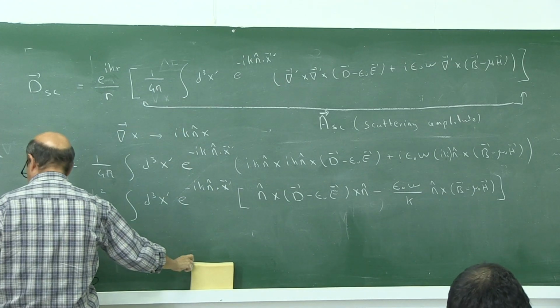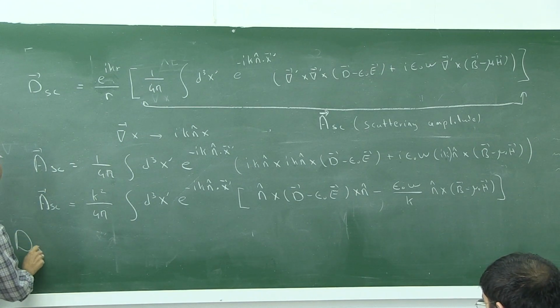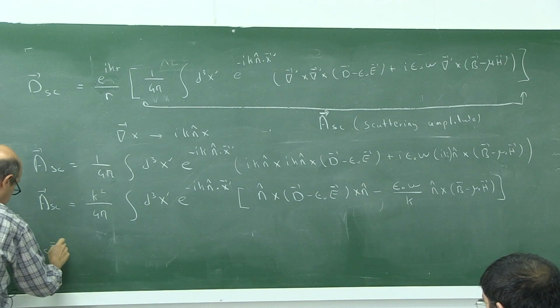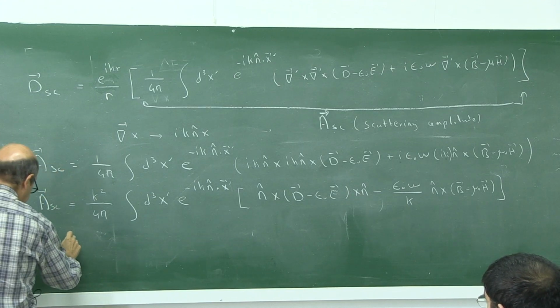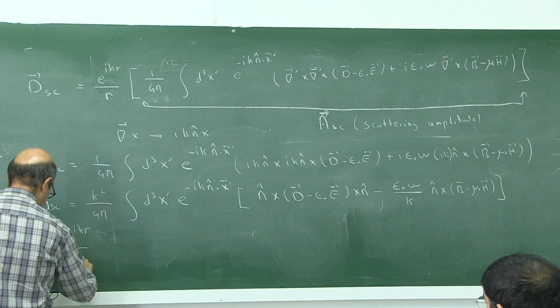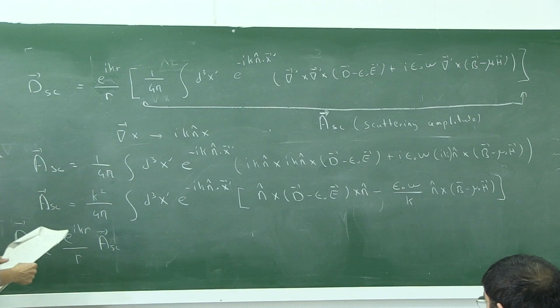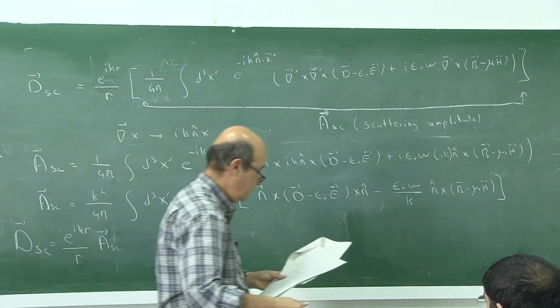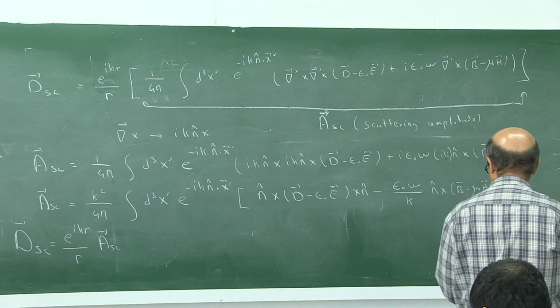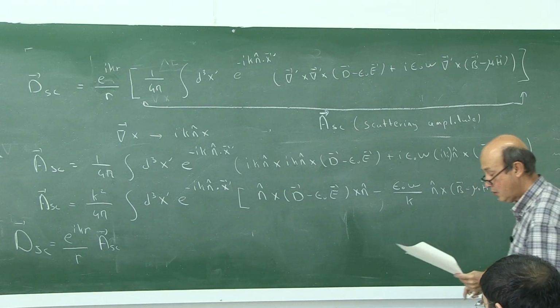If this is the scattering amplitude, what is the scattered electric displacement? That is nothing but e to the ikr over r times the scattering amplitude. So let us talk again about what these things are.